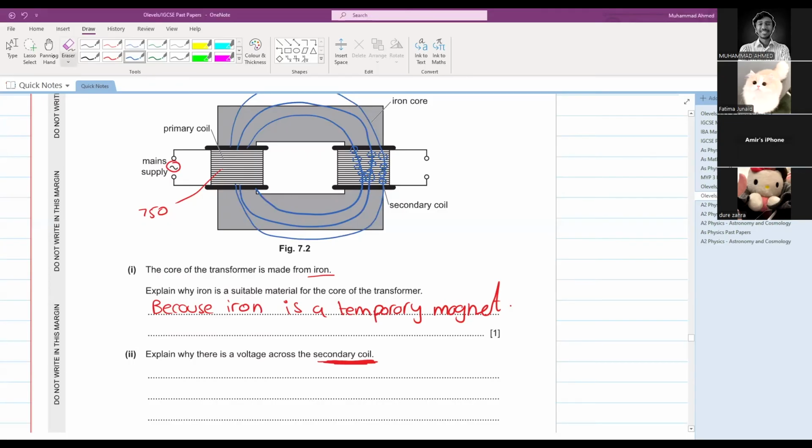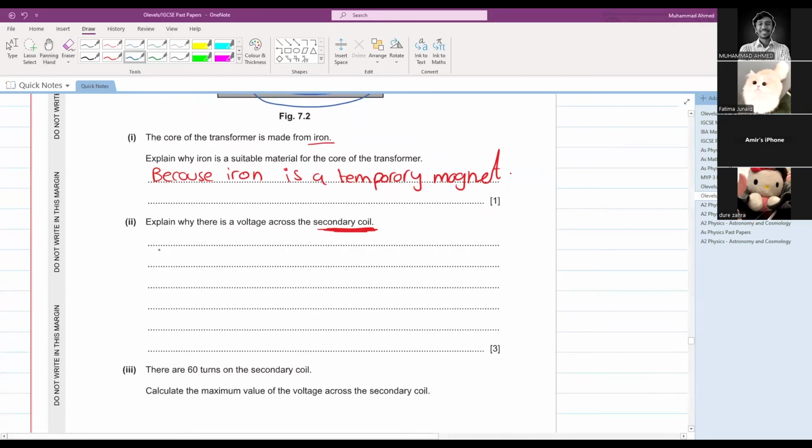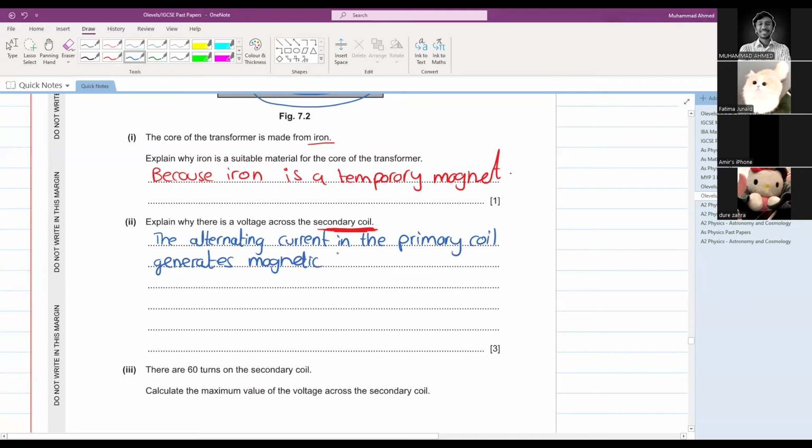So you can write it here. The alternating current in the primary coil generates magnetic field lines.